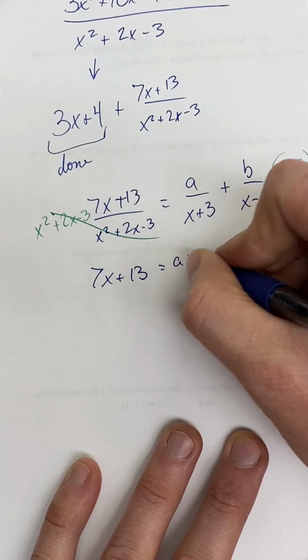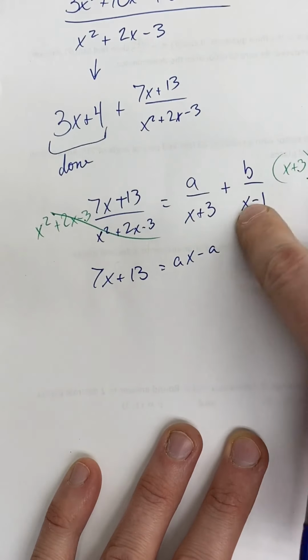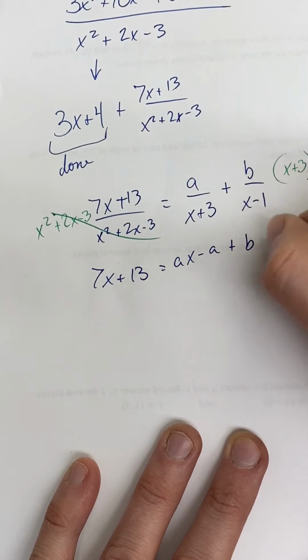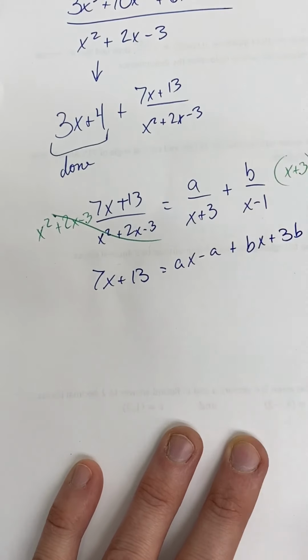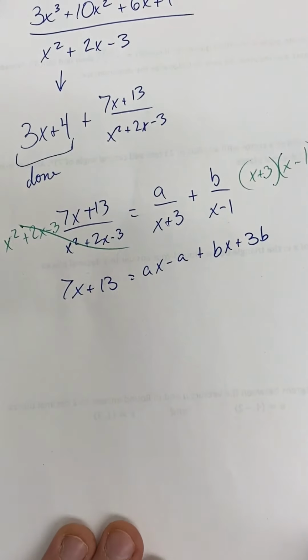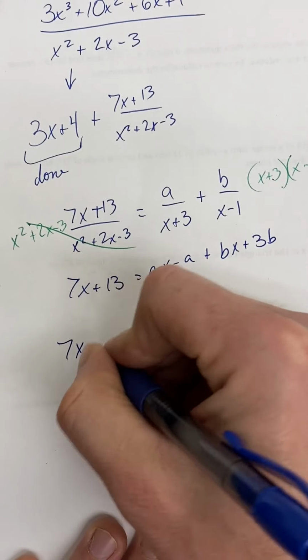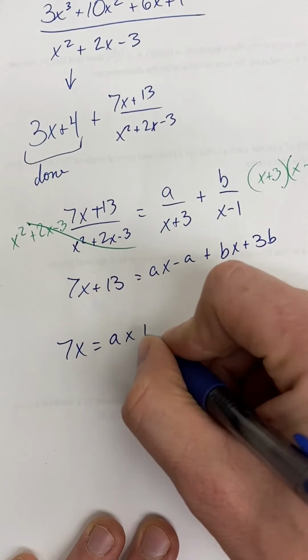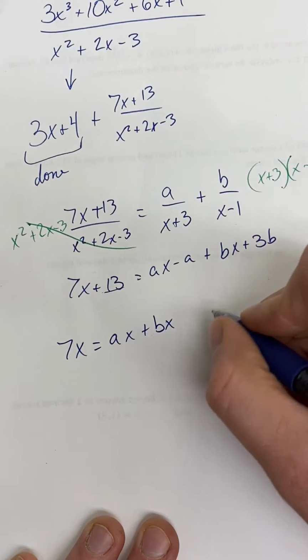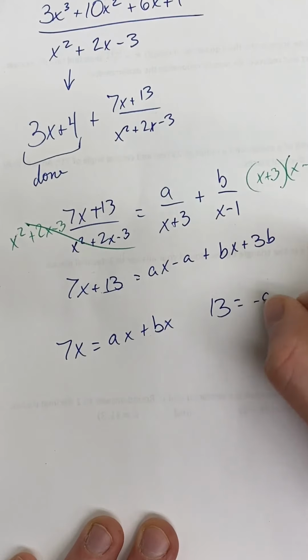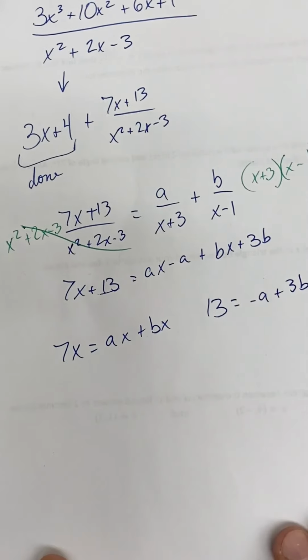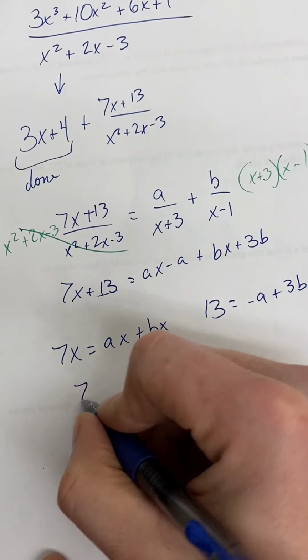So ax minus a. And this one, the x minus 1 will go away, so bx plus 3b. All right, and hopefully this will be pretty straightforward from here on out. 7x will be ax plus bx. And the 13 constant will equal negative a plus 3b. Okay, so drop the x.